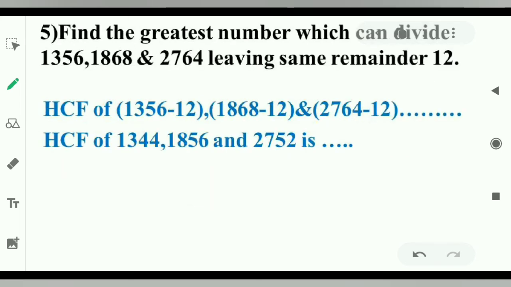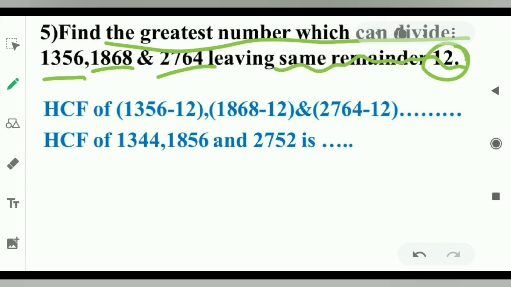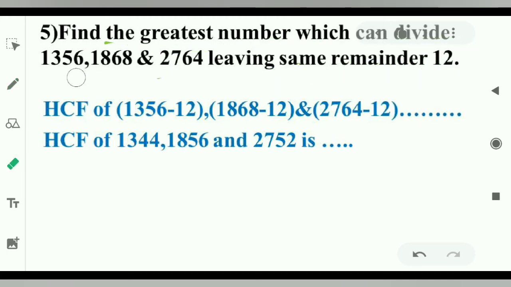Find the greatest number which can divide 1356, 1868 and 2764, leaving the same remainder 12. In the previous problem, we saw a similar question, but in that case the remainder was 0.